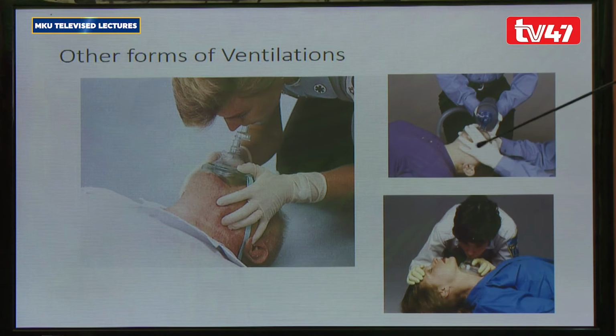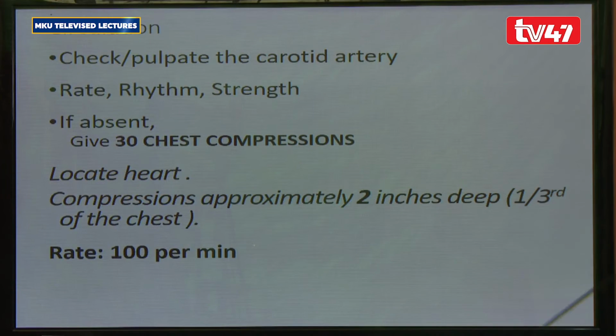Then we have this technique here where you use a bag with assisted ventilation. And this is ventilation in case someone has a stoma, right? A stoma is a creation of an extension here into the airway to help with respiration. All right? So those are other forms of ventilation.